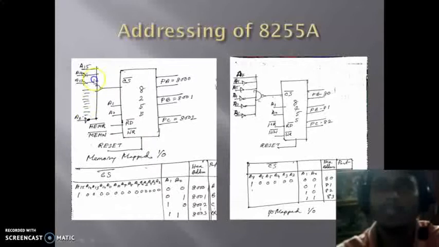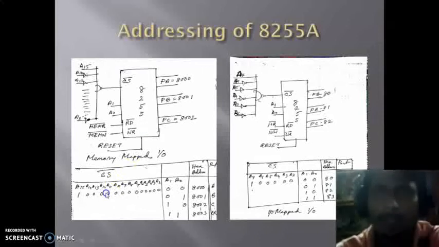Here A0 and A1 are used to select the different ports and control register, and A2 to A15 are used to select the 8255A. A15 is 1 and all the others are 0, and if you provide this, then the CS bar, the active low signal, will be sent to CS bar, so that the 8255A can be activated.